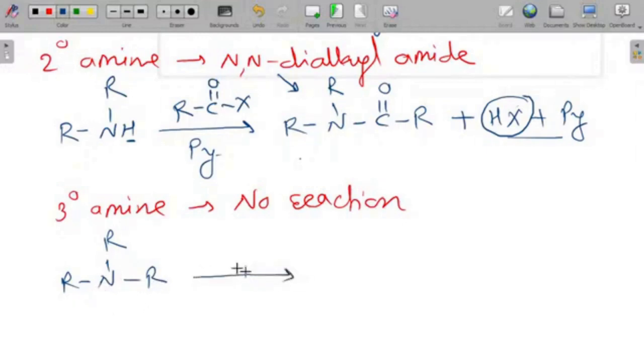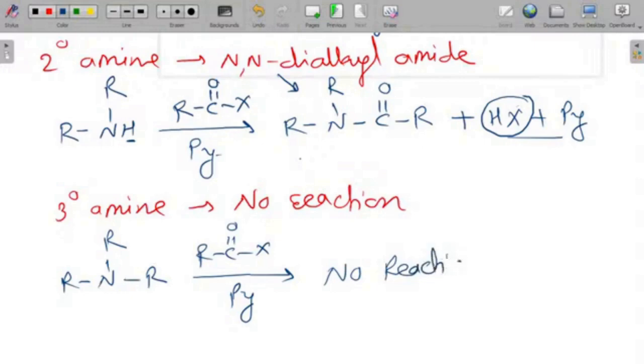So when this reacts with R C double bond O X in presence of pyridine, it cannot form any amide, no reaction. Why?